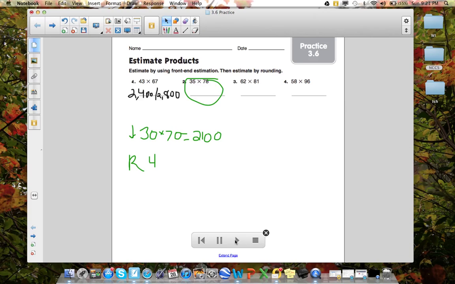By rounding them, 35 would round up to 40, and 78 would round up to 80, which would give us an estimated product of 3,200. So we know that our answer would be somewhere between those two estimated products. Gives us a high and a low that it would be in between. So we'll put those both on the line, and then we will move on to the next page.